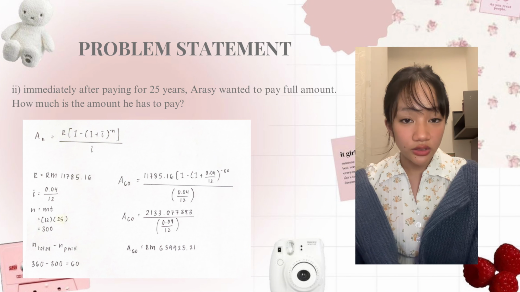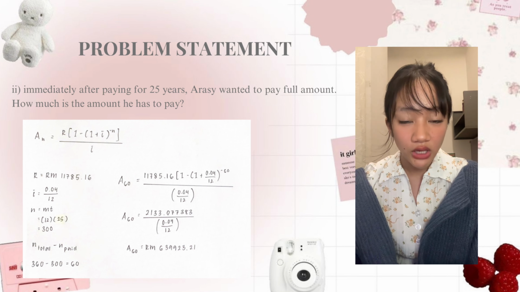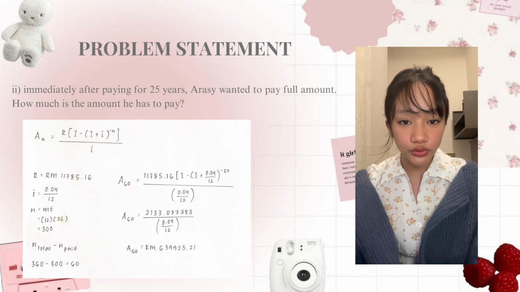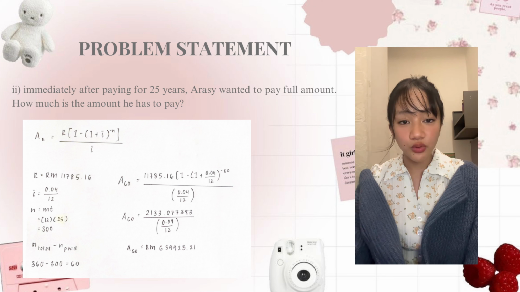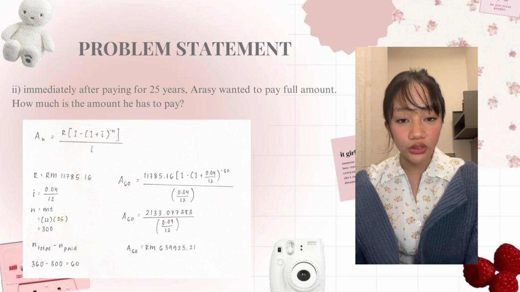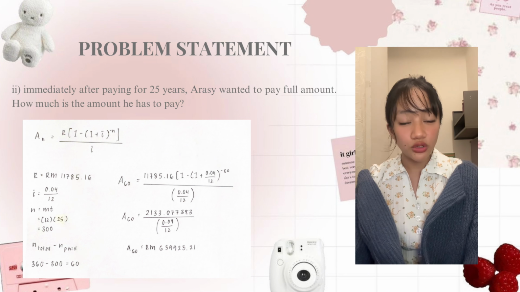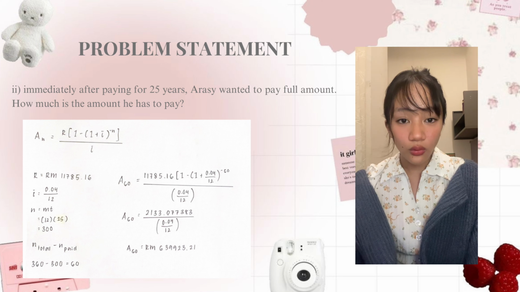Moving on with the calculation, we will apply the 300 in the calculation, which is A300 equals 11,785 ringgit 16 cents multiplied by 1 minus in bracket 1 plus 0.04 over 12 to the power of minus 300, and then divide by in bracket 0.04 over 12.